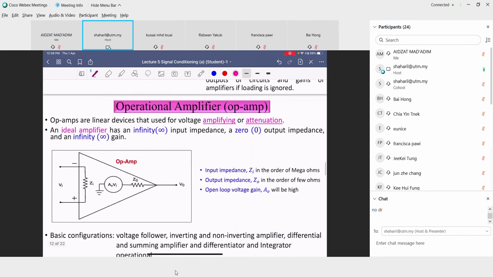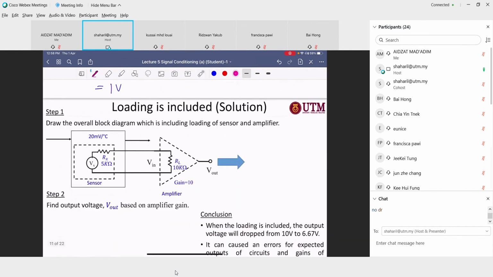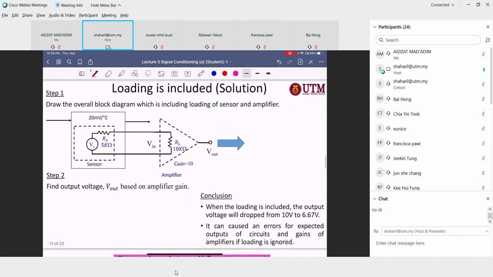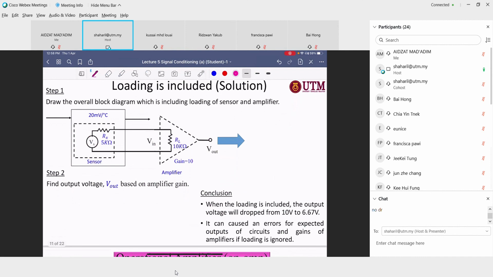The next is we want to look at when the internal resistance and loading are included. So the circuit will be like this, it has the resistance and it also has the loading. Now the V out here is still equal to 10 times V in.